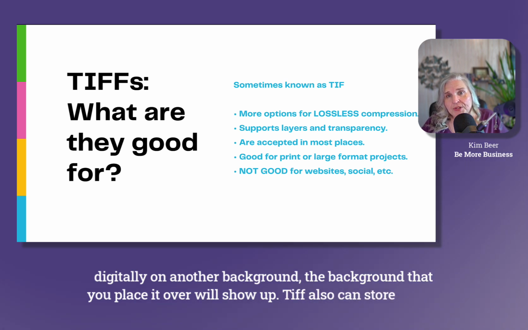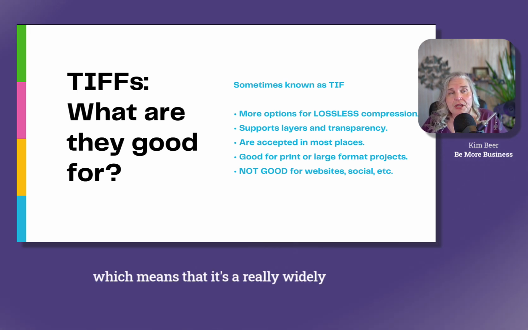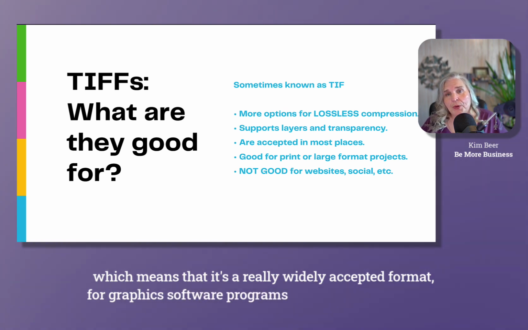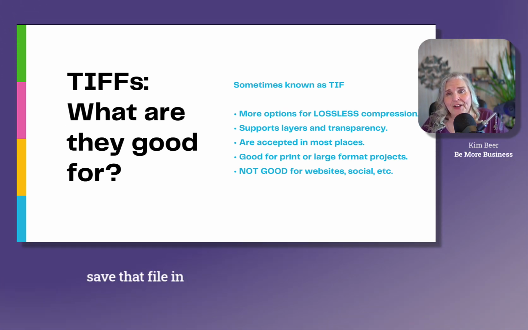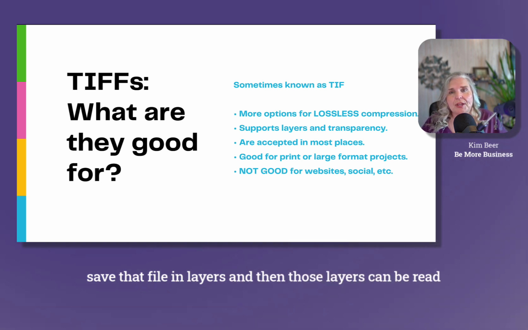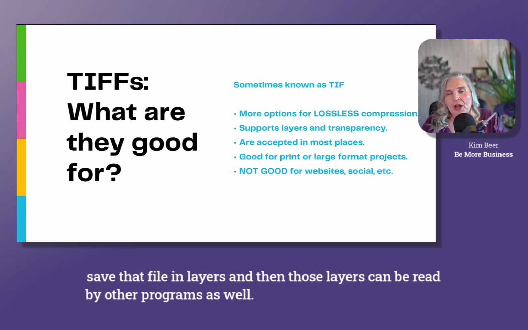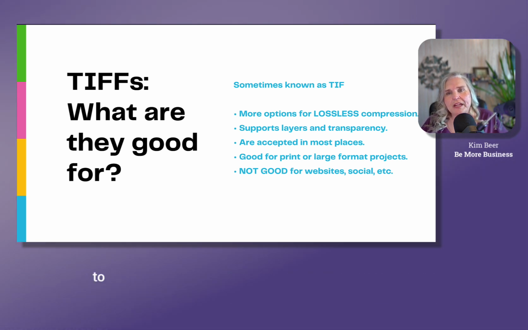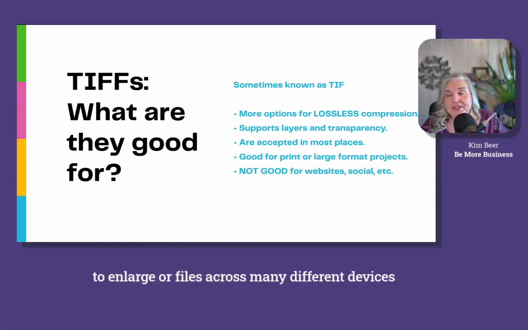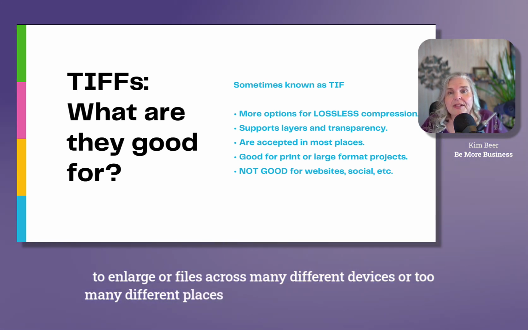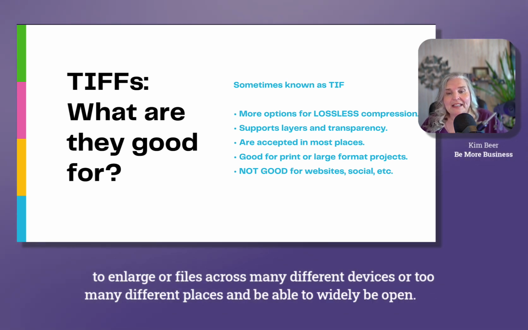TIFF also can store layers, which means it's a really widely accepted format for graphics software programs like Photoshop, that can save that file in layers, and those layers can then be read by other programs as well. So it's a nice compatible way to send large files across many different devices or to many different places and be able to widely open them.